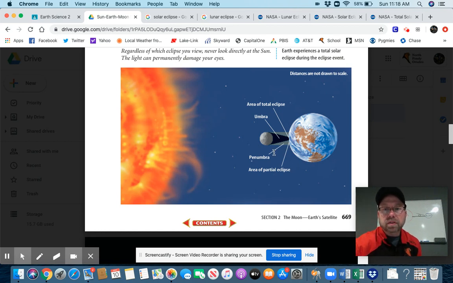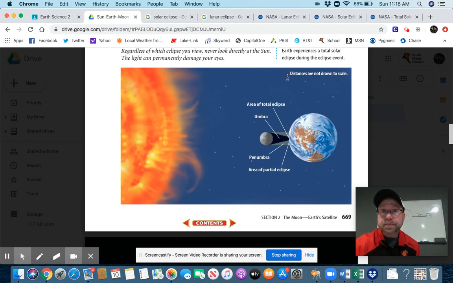So a total eclipse only occurs in the umbra, or the darkest part of the moon's shadow on Earth. Now, when you look at that picture, you can see that a very small area of planet Earth is actually in the umbra. If you're anywhere else on Earth, when you look up in the sky, there's no difference. The sun looks the same as it does every day.